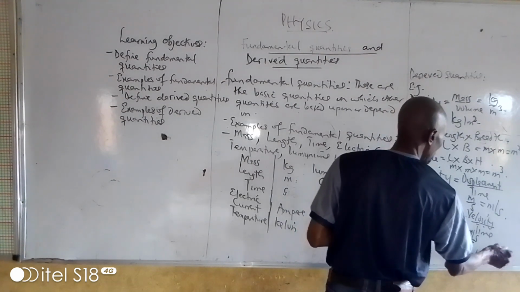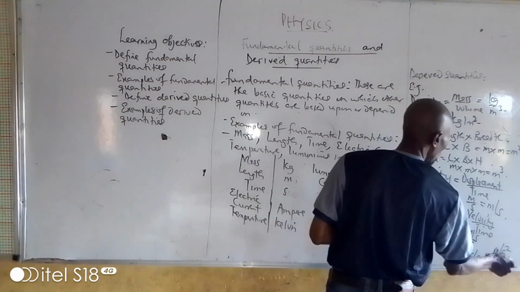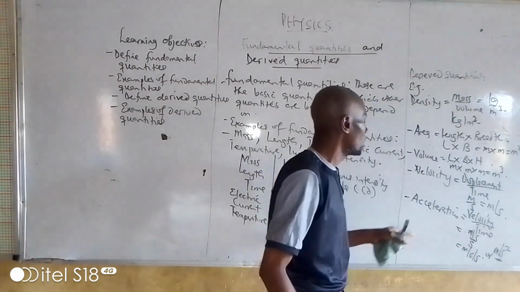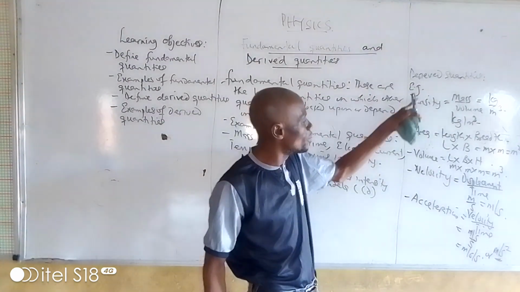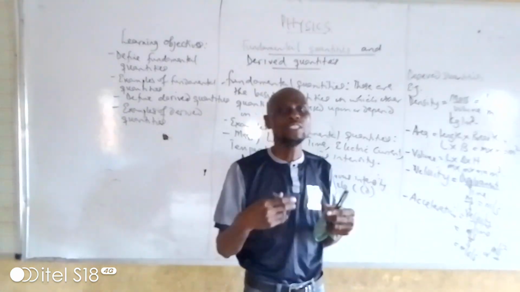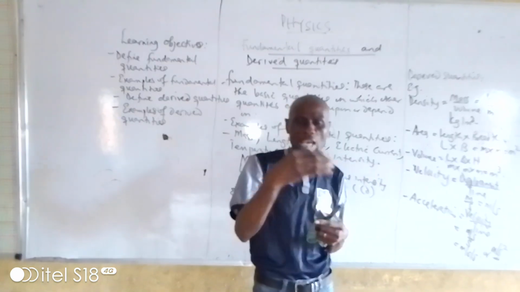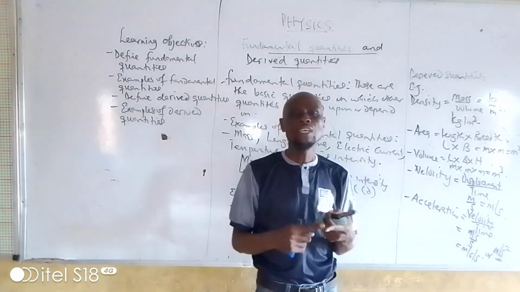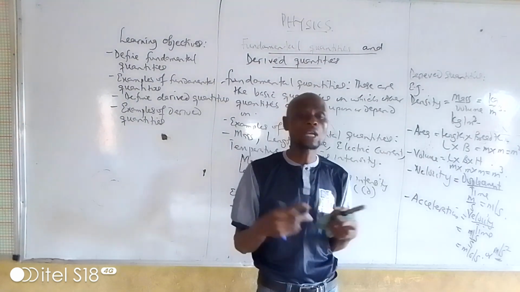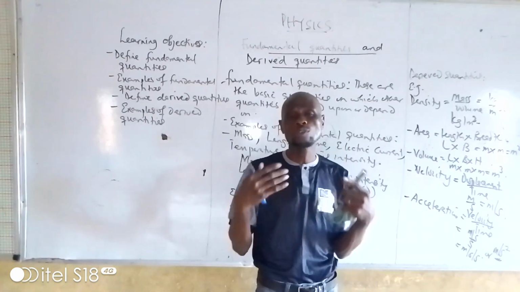You can also write it like this: meter per second square. That is the unit of acceleration. So you can see all these are examples of derived quantity. There are so many of them, and we get them from fundamental quantities. In a nutshell, if there is no fundamental quantity, we cannot have derived quantity.